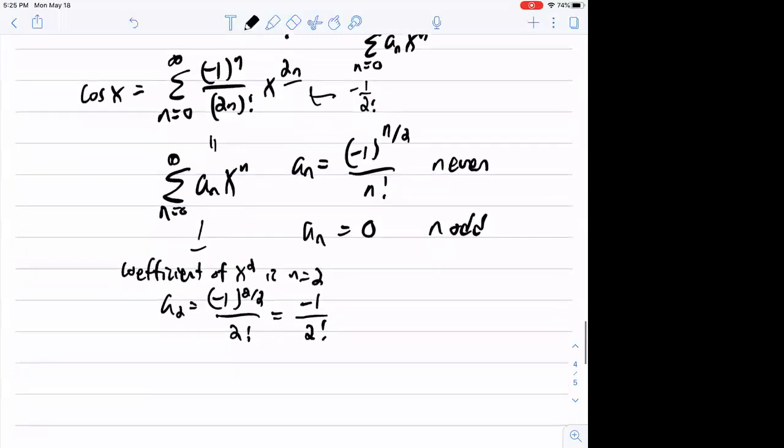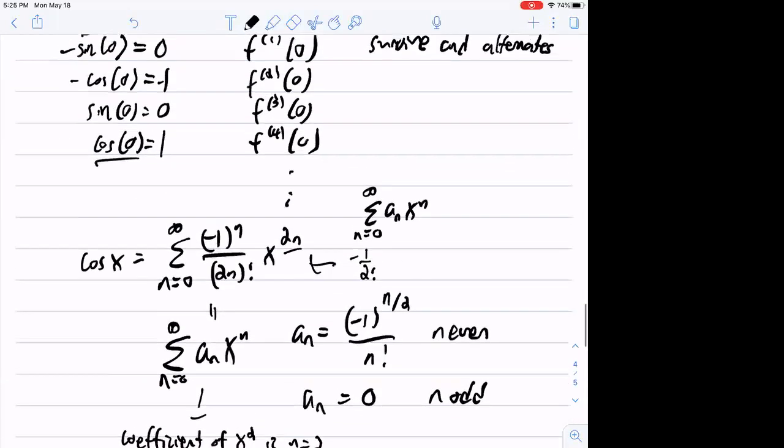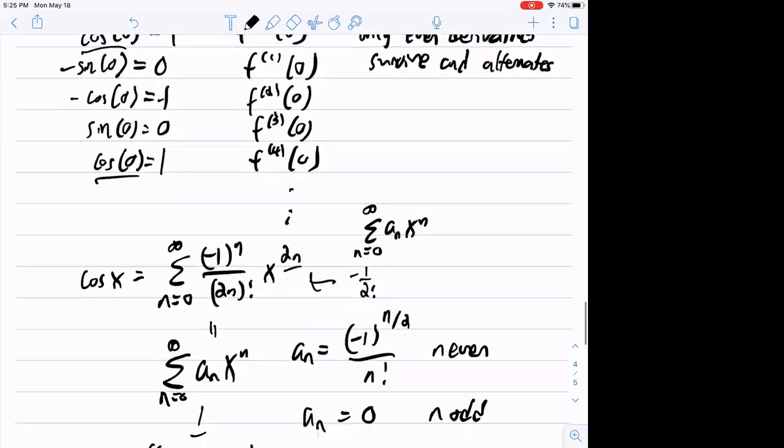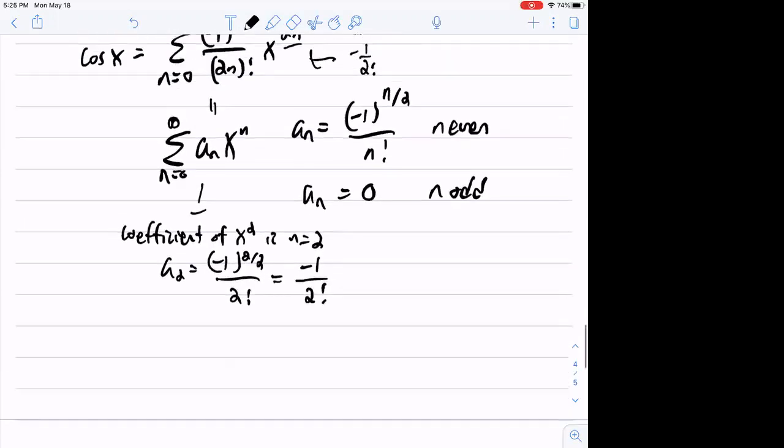So from here, we found the Taylor series, but now we have to explain why cosine is equal to it. That's the harder part. So that's where we use Taylor's theorem.